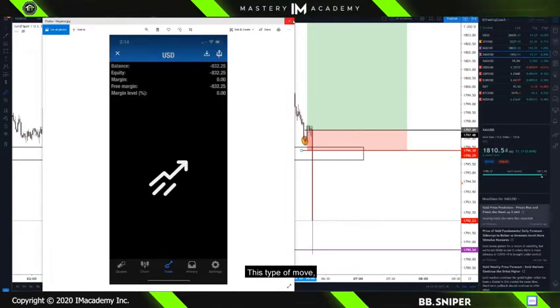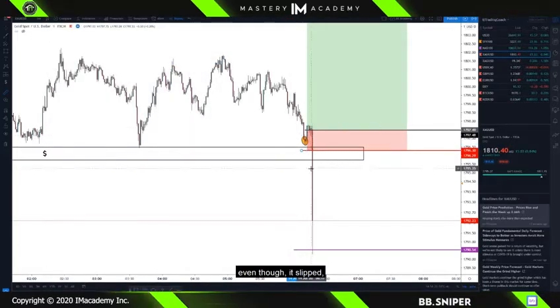This type of move, even though it slipped, it created an imbalance in the markets. Slippage generally happens because there is either a large amount of volume entering the market all at the same time, or there are very thin levels of liquidity.